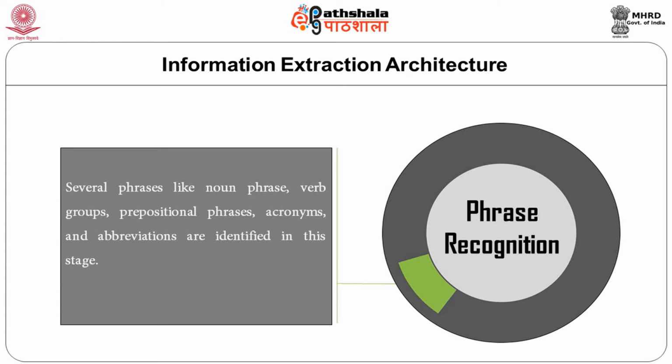Then the question arises: reinforced is a term, an adjective in this case, and it qualifies which noun? Is it standing for the cement or is it standing for the bridge? So how to make these associations, and such very interesting problems are there in phrase recognition. So this step involves phrase recognition.